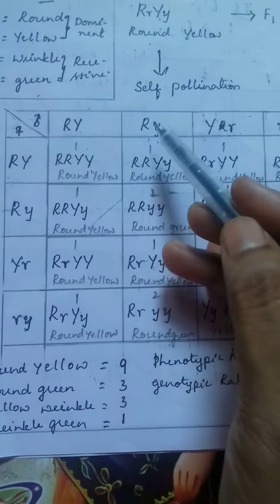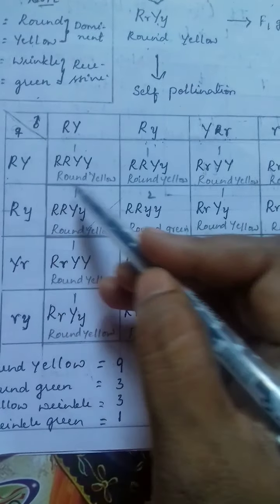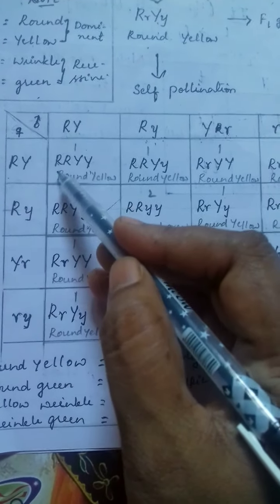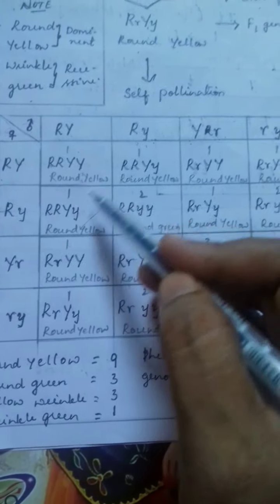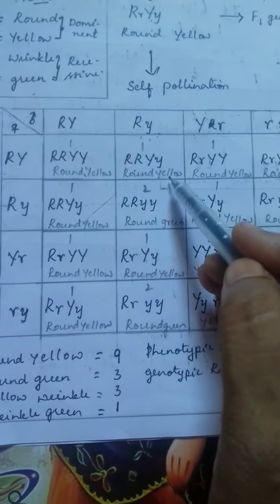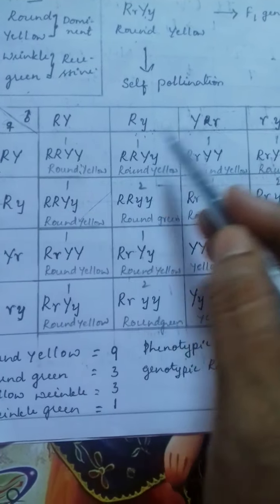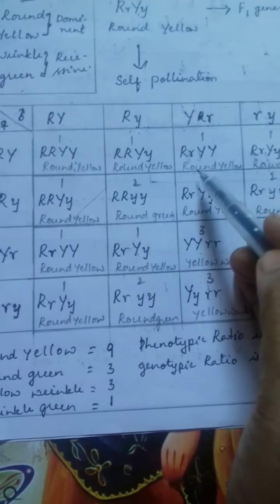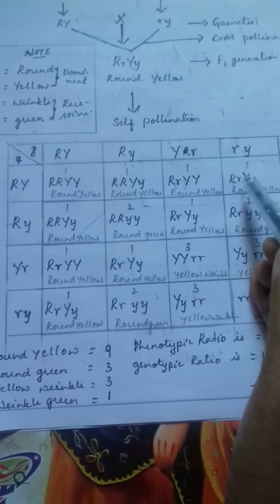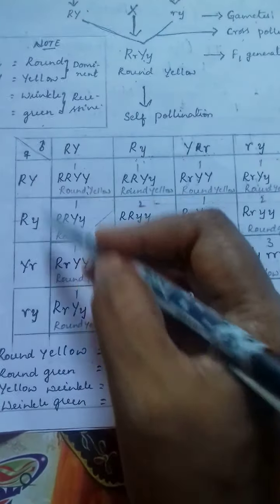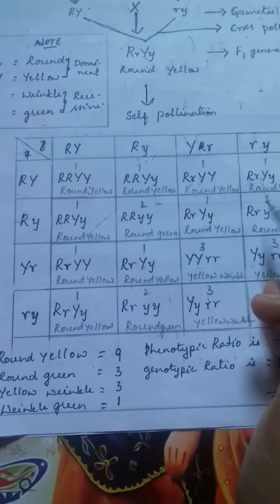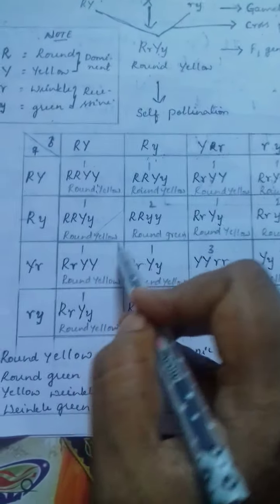First we write the capital letters, then cross with the small letters. See, capital R, capital R, capital Y, small y. Next, capital R, capital Y, small y, and capital R, small r, and capital Y. In the same manner, these letters will be common to all these lines, and these letters will be common to all these lines, but in this manner we have to make the crossing.